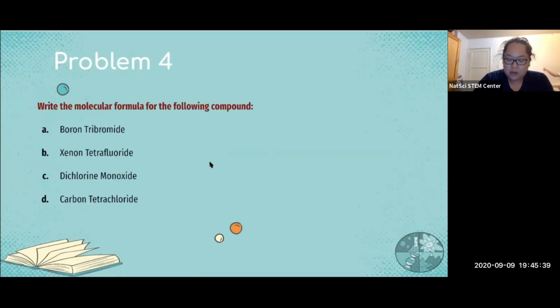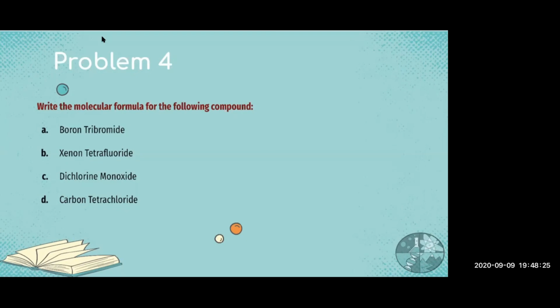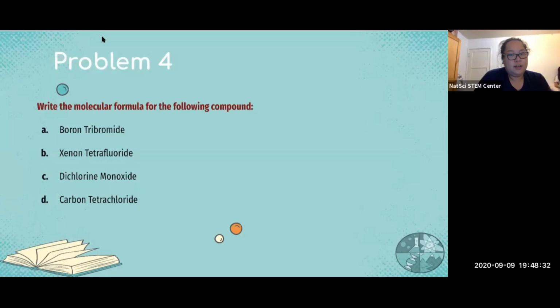So now I want you to write the molecular formula for these, based off of their names. Do you think you're done? Yes? Okay, let's go over them then. So tell me the first one.